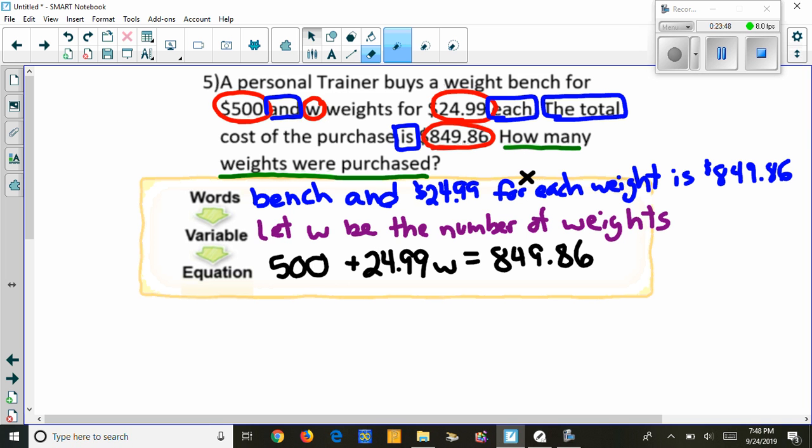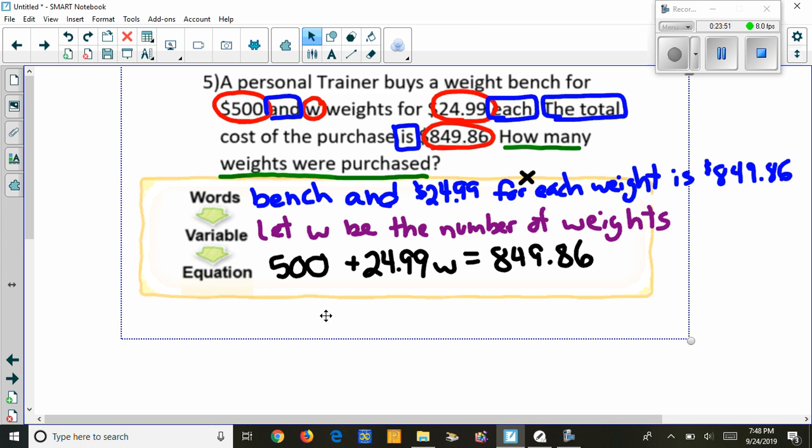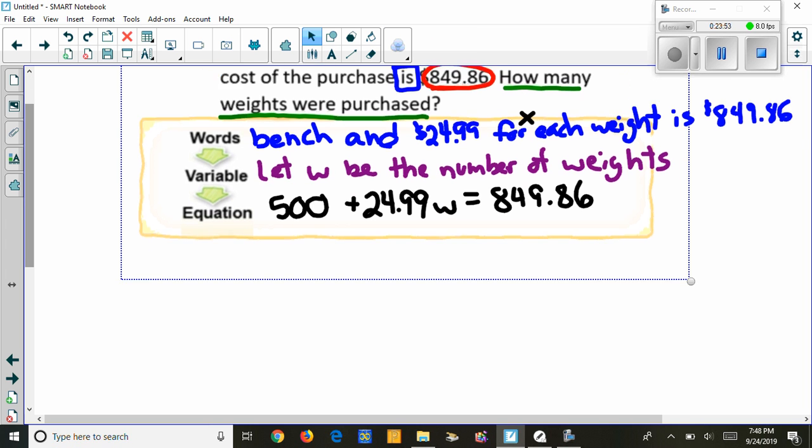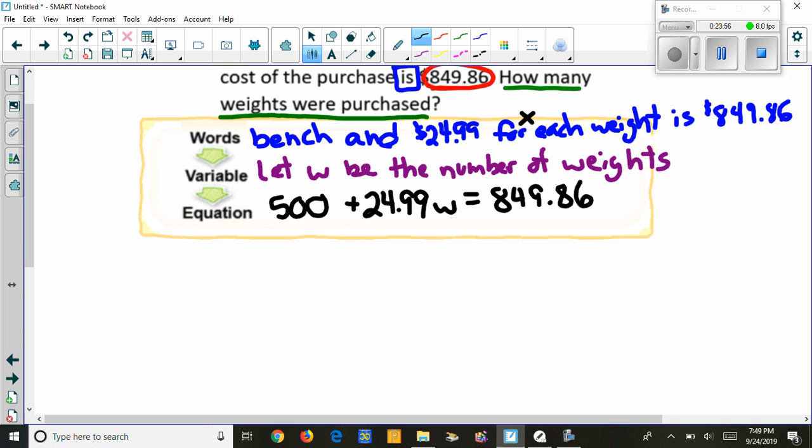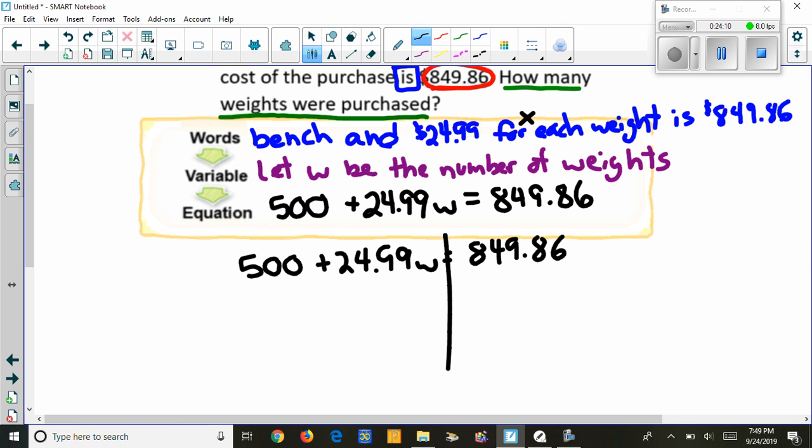Now let us go ahead and solve this. Split my problem down the middle here so I can keep track of what I'm doing. My variable is right here, so I'm going to start with doing any adding and subtracting away from the variable.